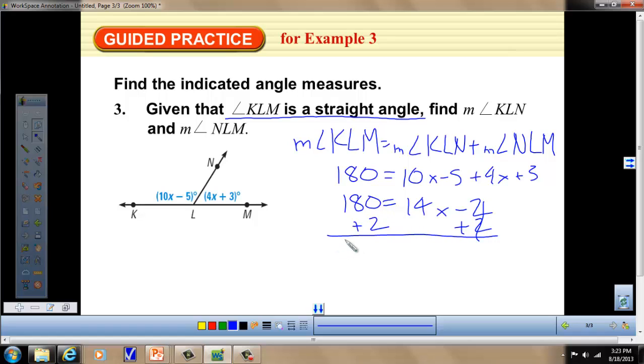If we do that, here we get 182, and that's equal to 14x. We're going to divide both sides by 14. And if we do that, x is equal to 13. Not our answer. We need to find the two angles here. So we're going to start off with the measure of angle KLN, which is 10x minus 5.